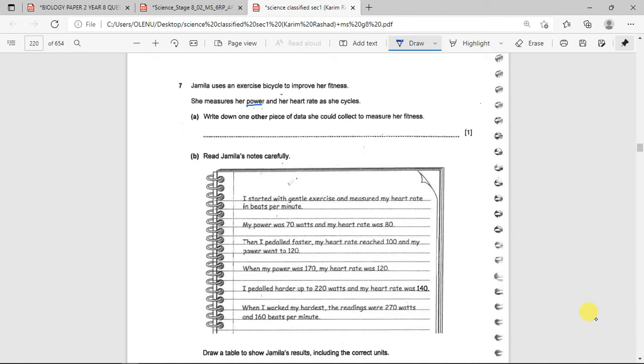Write down one other piece of data she needs to measure her fitness. So one other piece of data Jamila needs to measure her fitness is, first, her breathing rate. Another thing she can measure is the distance covered.